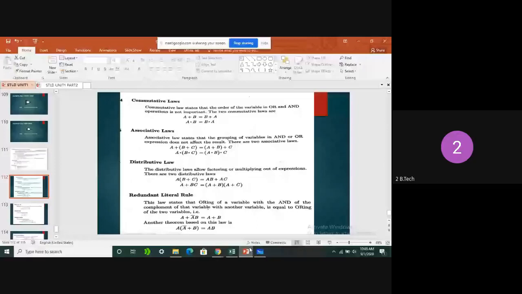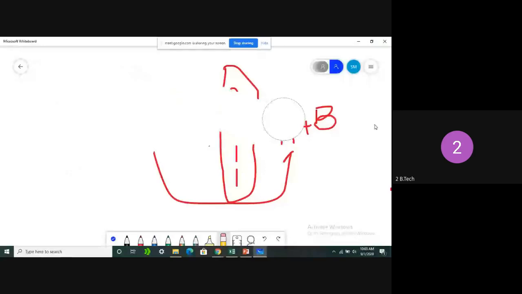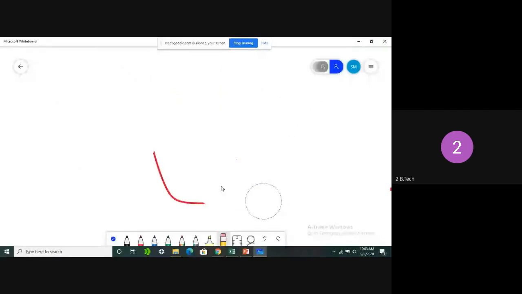Again, I will explain. Here you can just wait. What is the formula here? A of (A bar plus B).